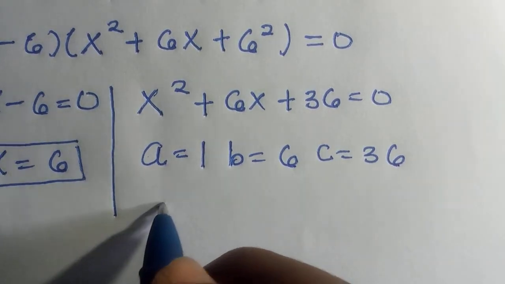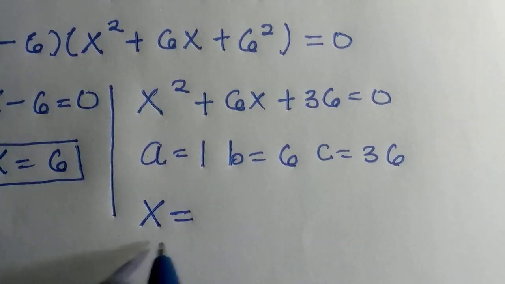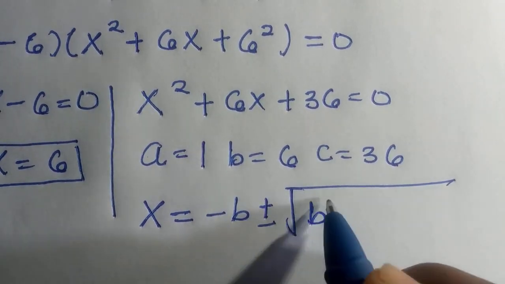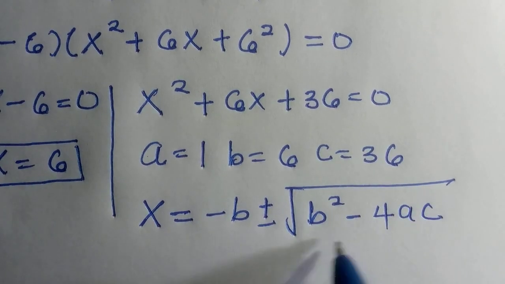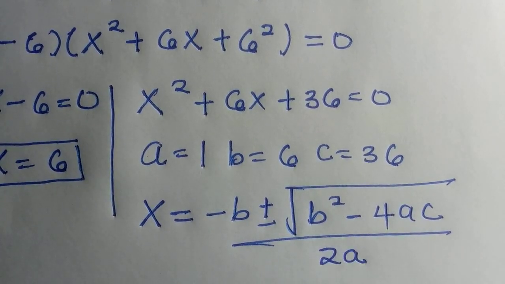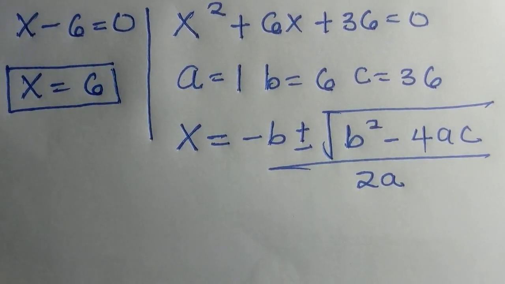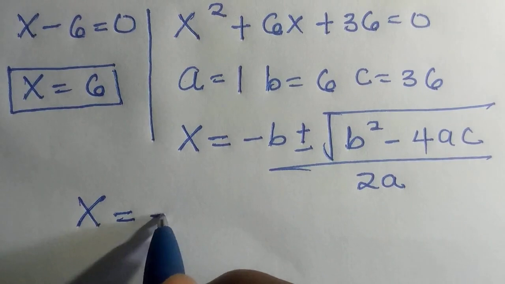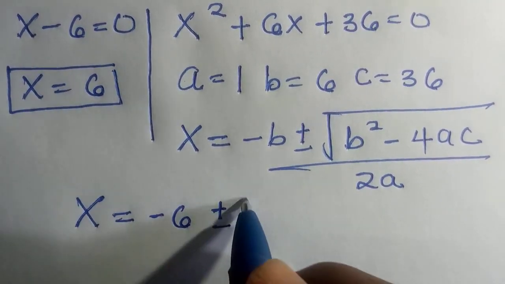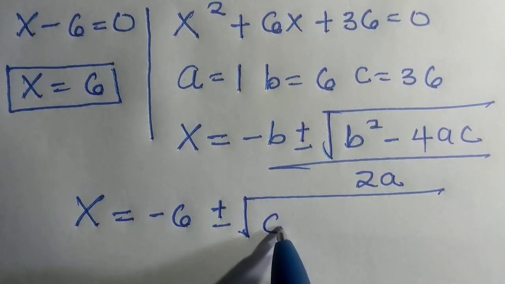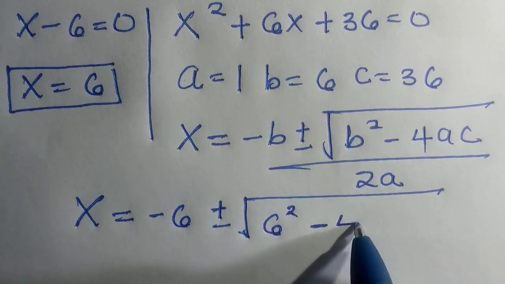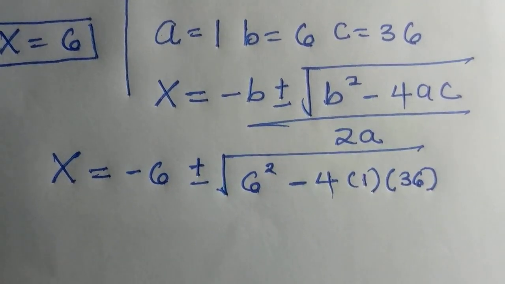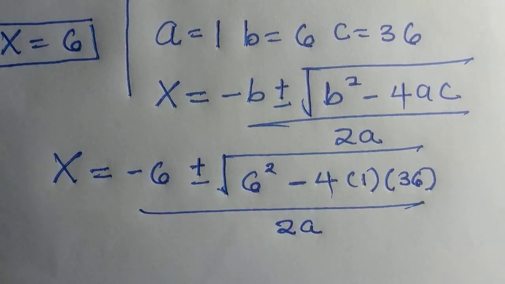We are going to substitute in this formula, which is x equals minus b plus or minus the square root of b squared minus 4ac, divided by 2a. So by applying all these parameters in this formula, we have x equals minus 6 plus or minus the square root of 6 squared minus 4 into bracket of 1 into bracket of 36, divided by 2a.